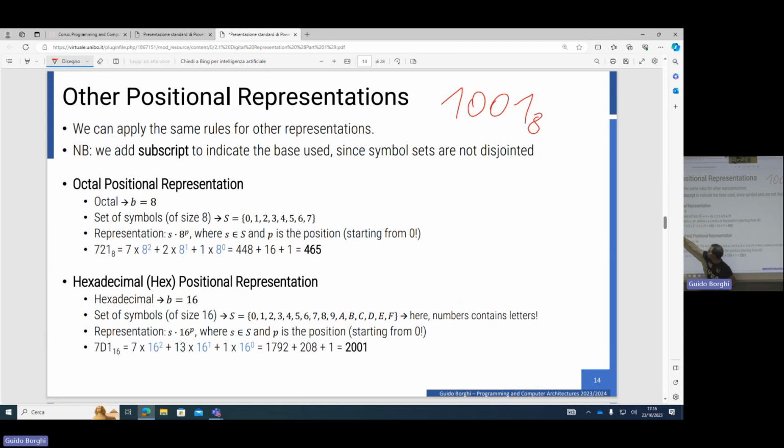Then we have 2 times 8 to 1, second position. And then 7 times 8 to 2, third position. We can add all the results and we obtain 465 in the decimal positional representation. So the value of this number in the decimal positional representation is that one.